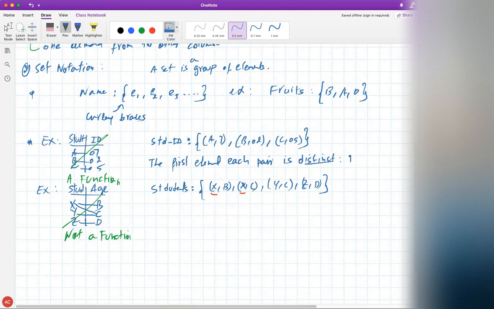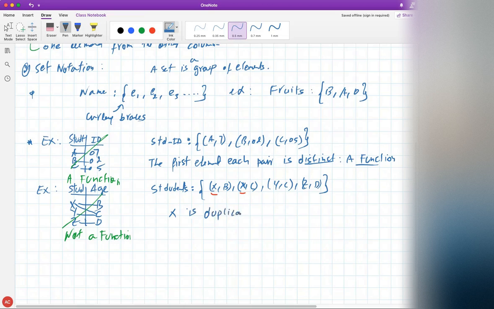That makes it a function. For the other one, the first elements are not unique. The first element is a duplicate. So X is duplicated or repeated. The opposite of distinct. Distinct elements are different elements. Each element is unique. But here, the element X is duplicated.